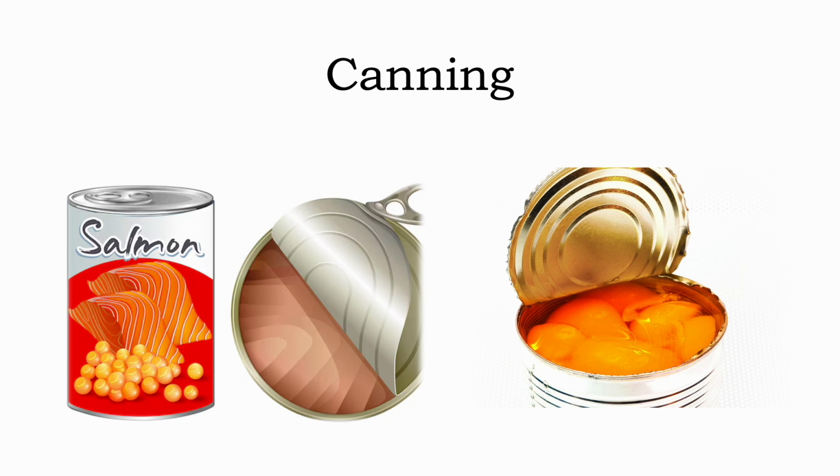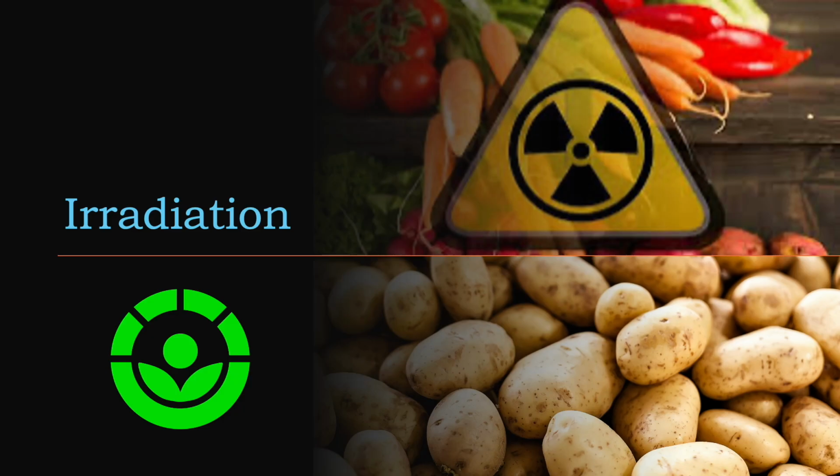Canning involves placing food in cans, sealing them, and then heating them to a temperature that destroys microorganisms. Although not common, irradiation with gamma rays is sometimes used to prevent microbial growth and thereby preserve food. Irradiation is also used to prevent sprouting of yams, especially potatoes, which will improve their keeping quality.